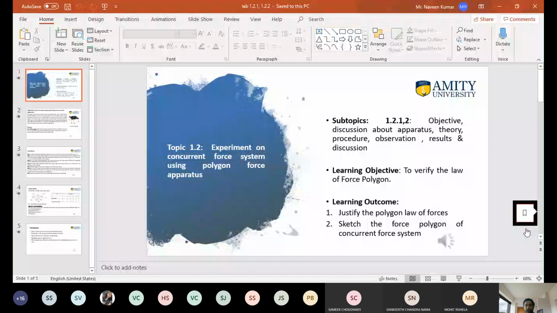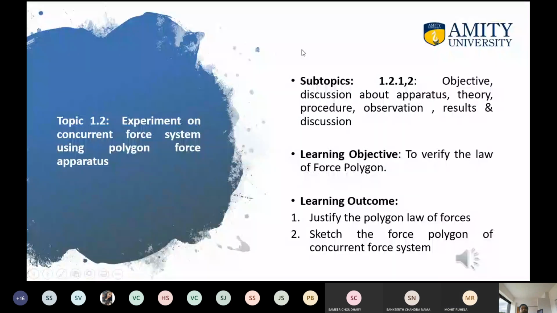Okay. So this is the first practical, that is, experiment on concurrent force system using polygon force apparatus. The learning objective is to verify the law of force polygon and then make the force polygon.